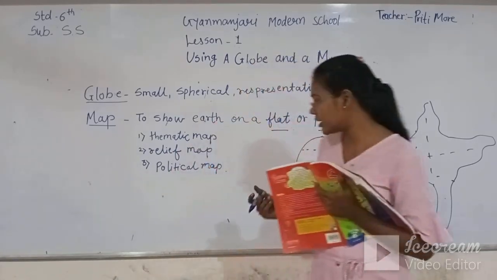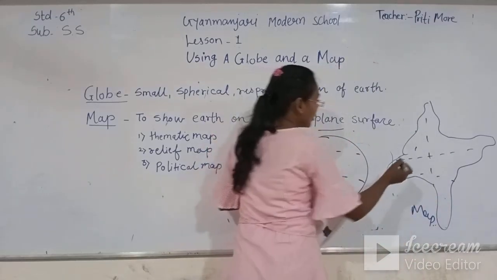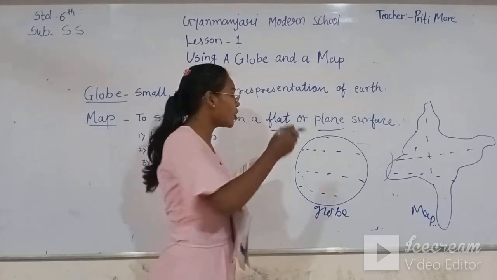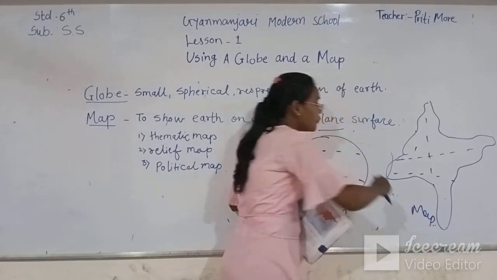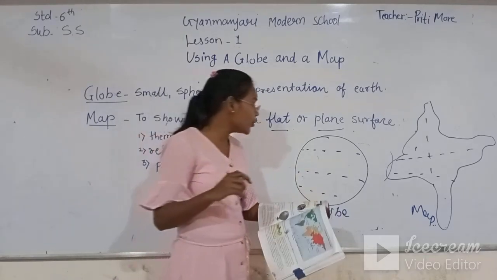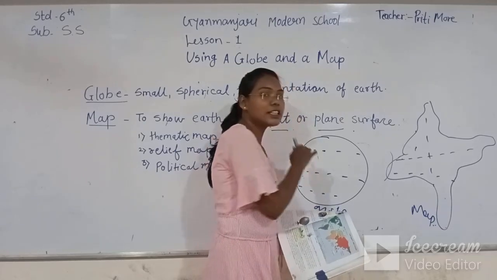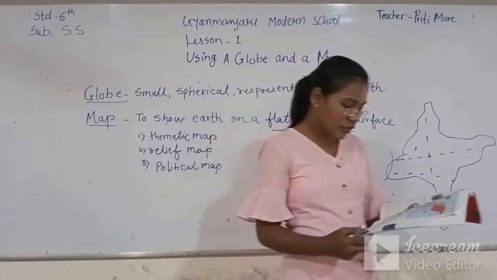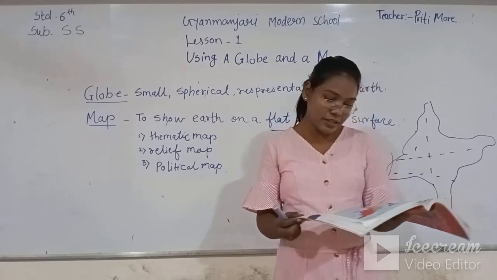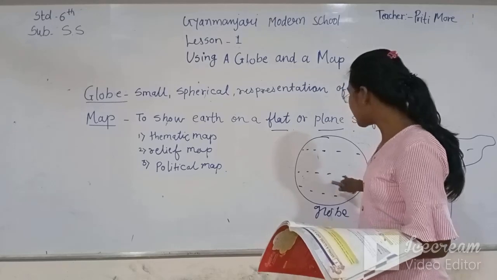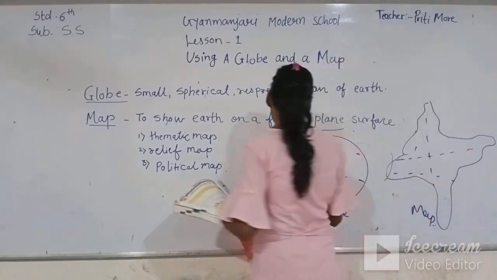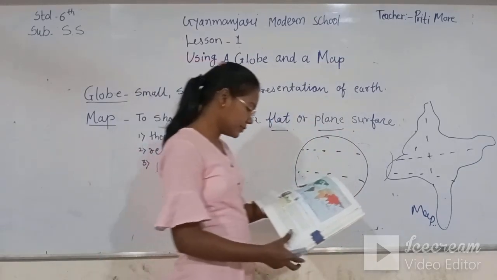Some lines are there on the globe and on the map, but these are not confirmed accurate lines. They are imaginary lines which help us to locate and identify particular places.